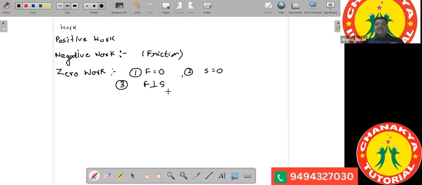So I gave you one of the examples of circular motion. Which force acts in the circular motion? For any object to have a circular motion, which type of force did we discuss is required?